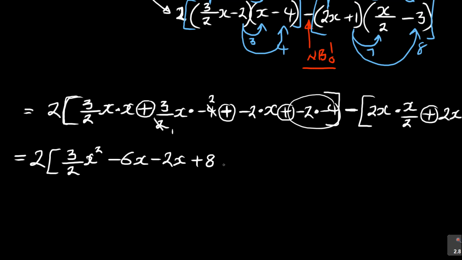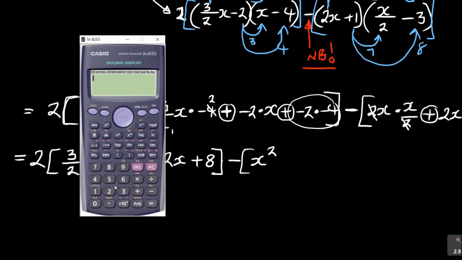Then what we do, we say we close that, then minus, we do the same thing, 2x times x over 2. Forget about the x and the x, focus on the number. This 2 is on top, that 2 is at the bottom. So it's more like 2 times half, which is 1. Then x times x, it's x squared. But with the calculator, what we're going to do, we're going to say 2 times 1 over 2. 2 times that x, there is a 1 here. So it's more like 2 times 1 over 2. See that?